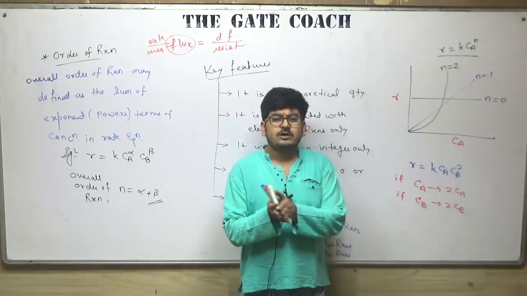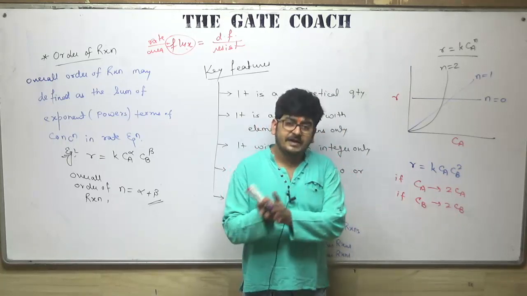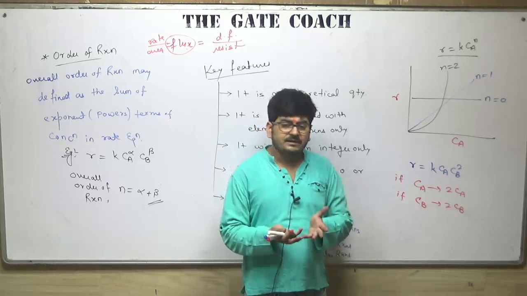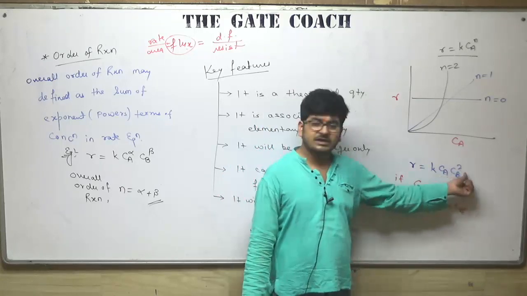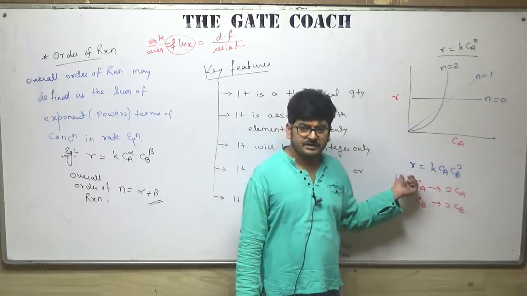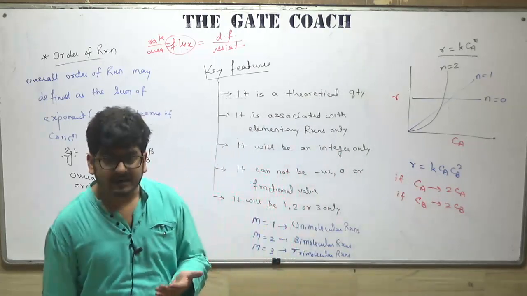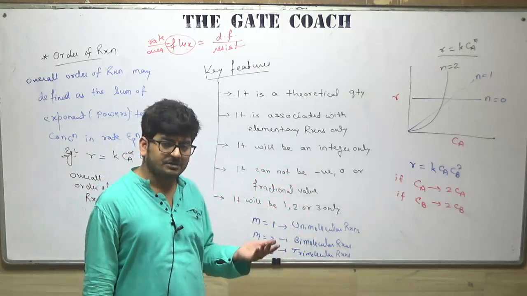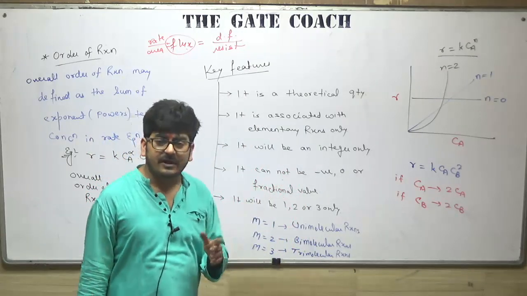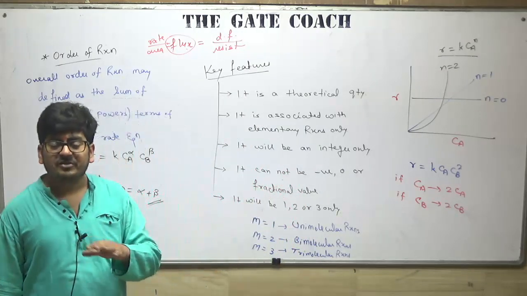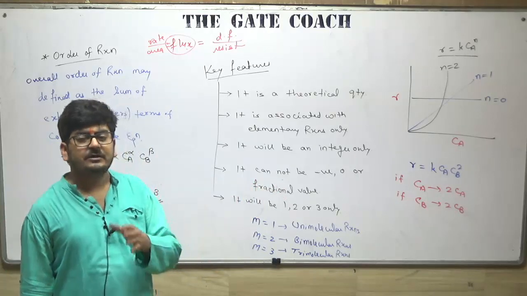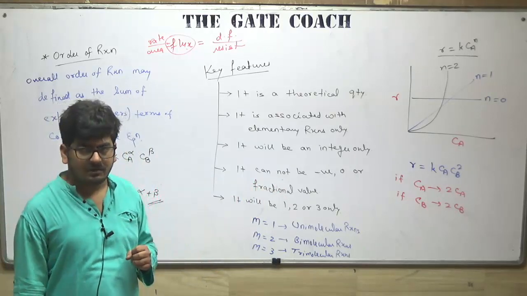When we talk about the order of individual reactants and combinedly 1 plus 2, 3, that is the overall order of the reaction. So I hope it is clear to all of you what is the significance of order of reaction. It helps us to identify how the concentration is affecting the rate of reaction.